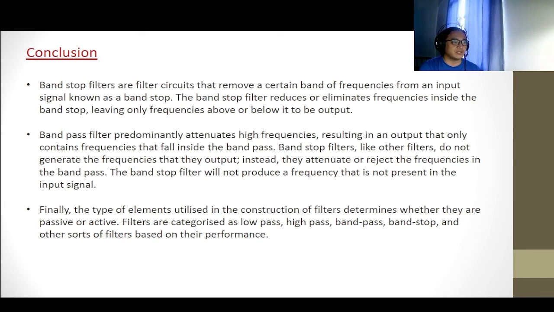Band pass filters predominantly attenuate high frequencies, resulting in an output that only contains frequencies that fall inside the band pass. Band stop filters, like other filters, do not generate the frequencies that they output. Instead, they attenuate or reject the frequencies in the band stop. The band stop filter will not produce a frequency that is not present in the input signal.